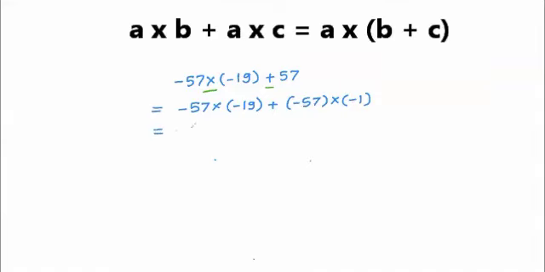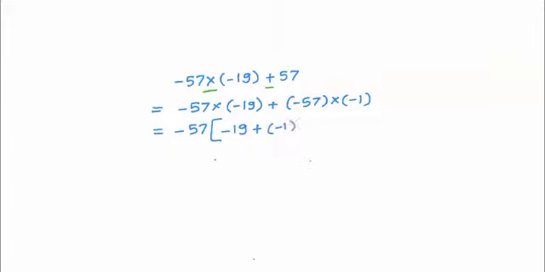Now I can easily see that minus 57 is common. So I'll take minus 57 as common, and inside my bracket from this multiplication what is remaining is minus 19. While going to the next one, in between I get a plus sign, so I'll write that plus sign here. And then from minus 57 into minus 1, what is remaining here? Minus 1.